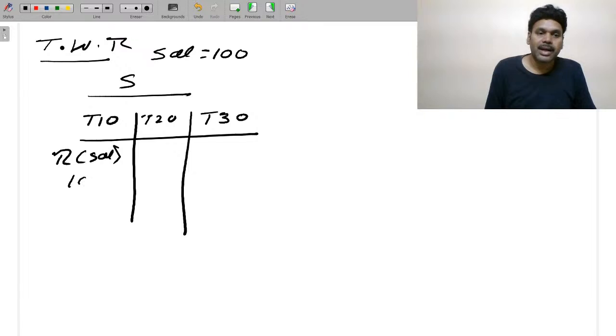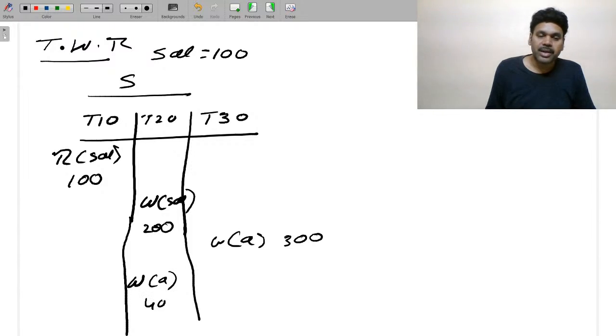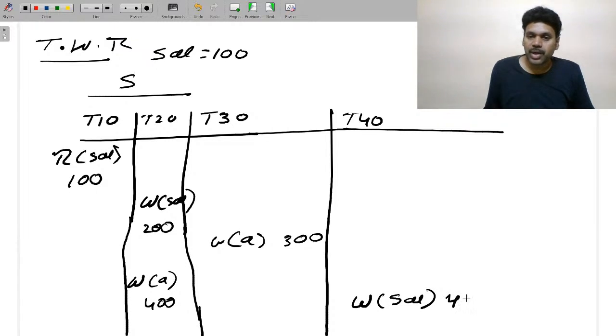Read salary 100, write salary 200, assume plus 100 I am doing with write operation, write salary 300, write salary 400, write salary is 400. Now tell me, friends, what is your salary value?